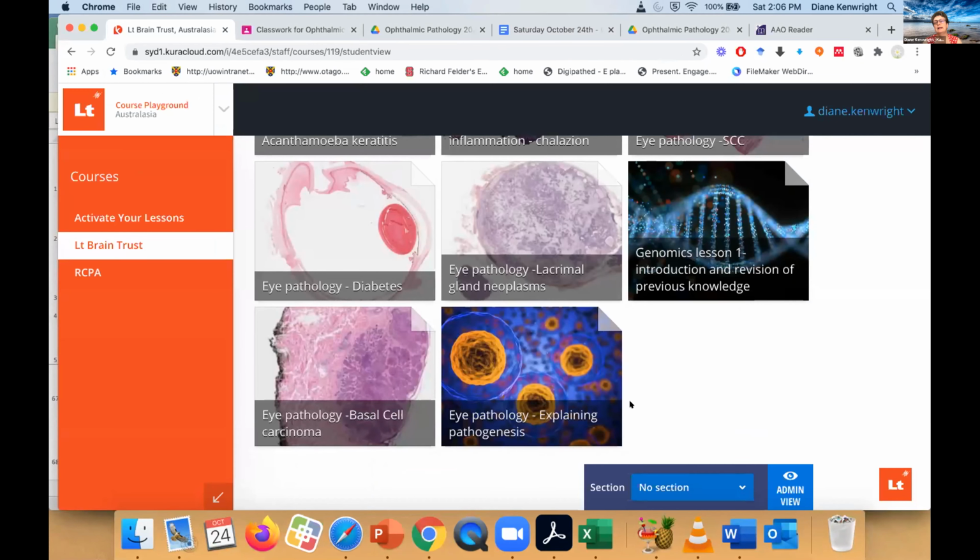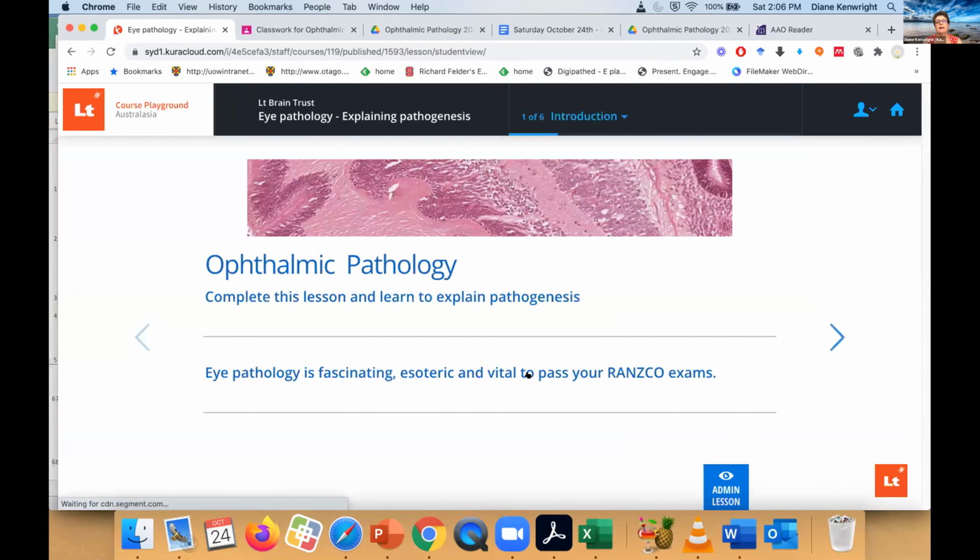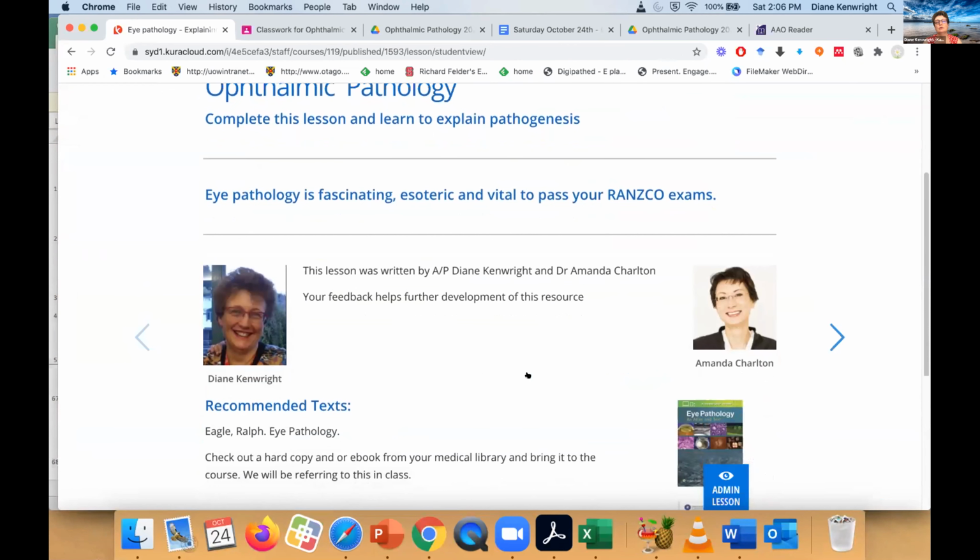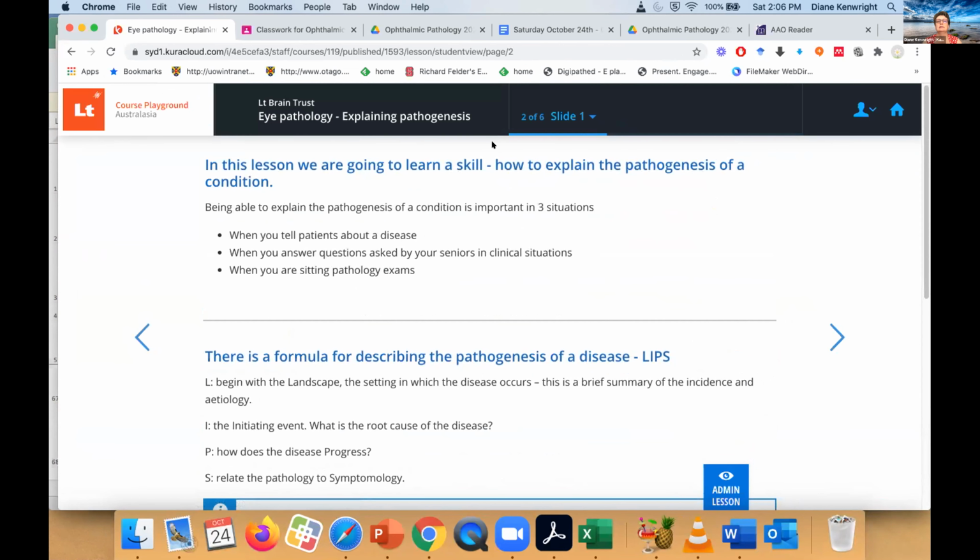Pathology, explaining pathogenesis. I think this is a pretty good lesson just to work through. It starts the same as every other lesson with our front page, and then gives you some tips on how to have a framework for doing those difficult pathogenesis questions.